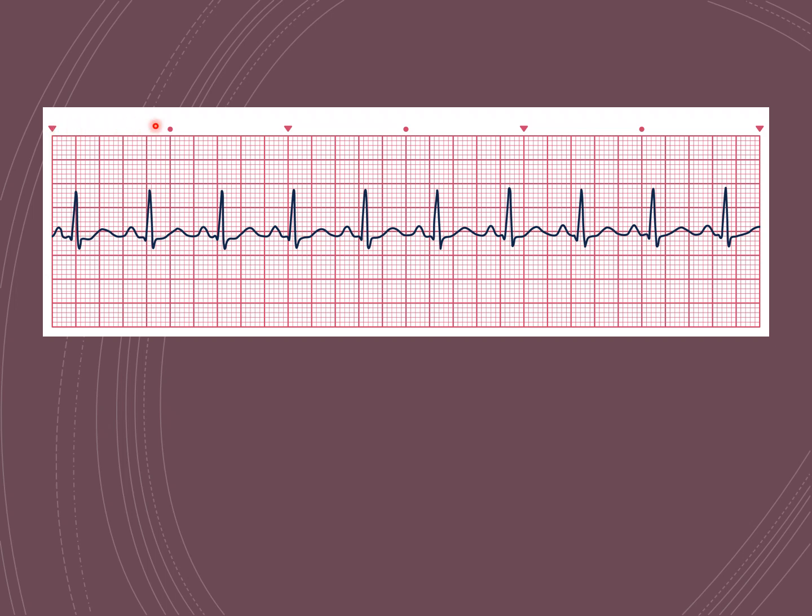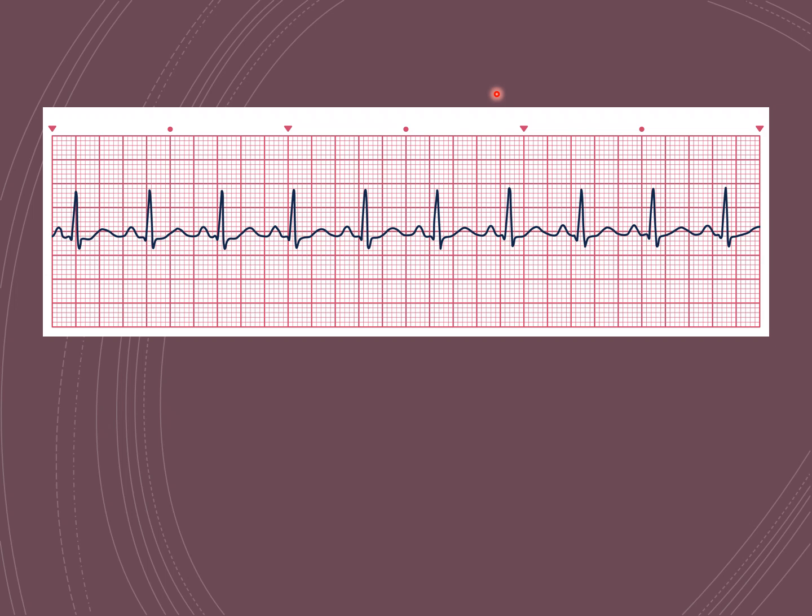So we have 1, 2, 3, 4, 5, 6, 7. And within each tick mark, there are 5 boxes, which represents 1 second. So we have 1, 2, 3, 4, 5, 6 seconds. So this is our 6-second strip.